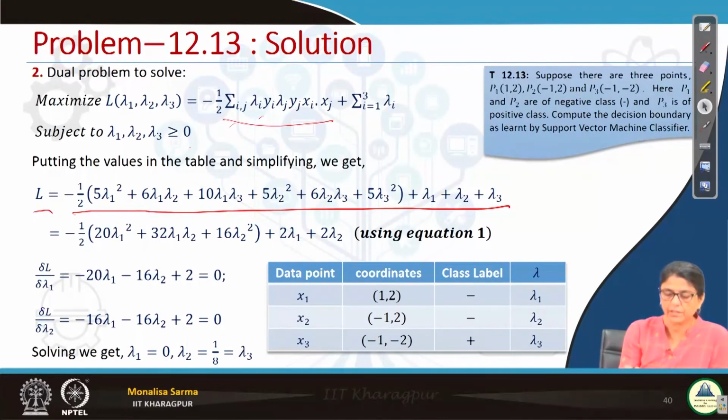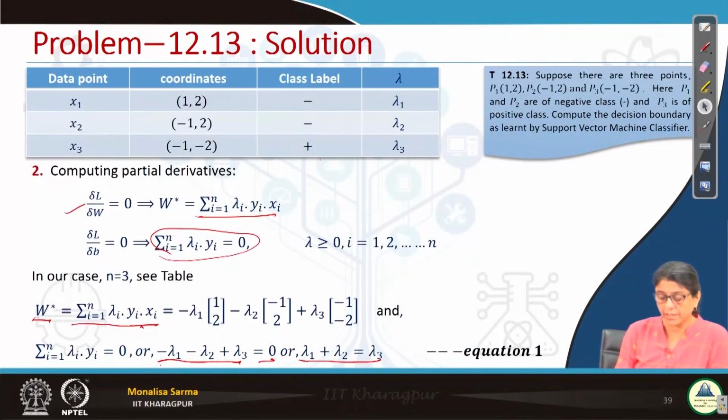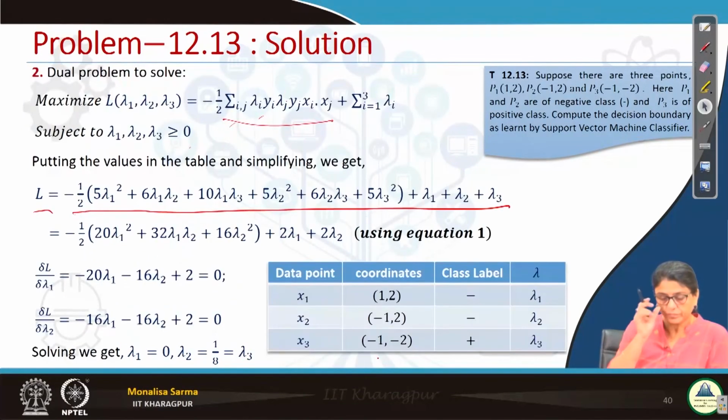If you do the dot product and simplify, you will get this. And using equation 1, we have lambda 1 plus lambda 2 equals lambda 3. Using this, we get my Lagrangian.